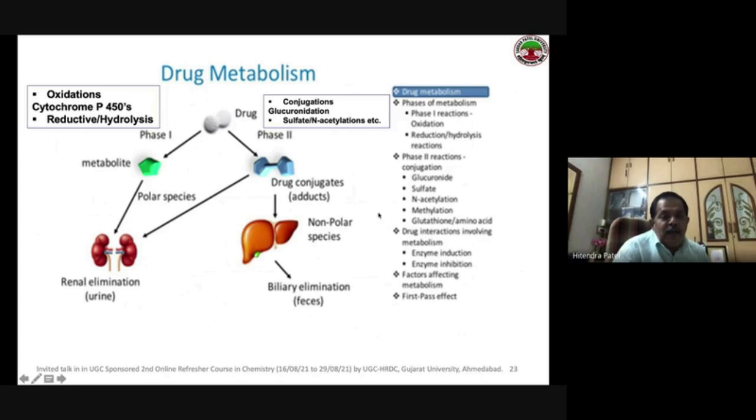Now let us look at the figure, where you can easily understand that for the drug molecule in the first phase, oxidation takes place. I already showed this in an earlier slide. Oxidation happens where cytochrome P450 is a very important term for these oxidation reactions.